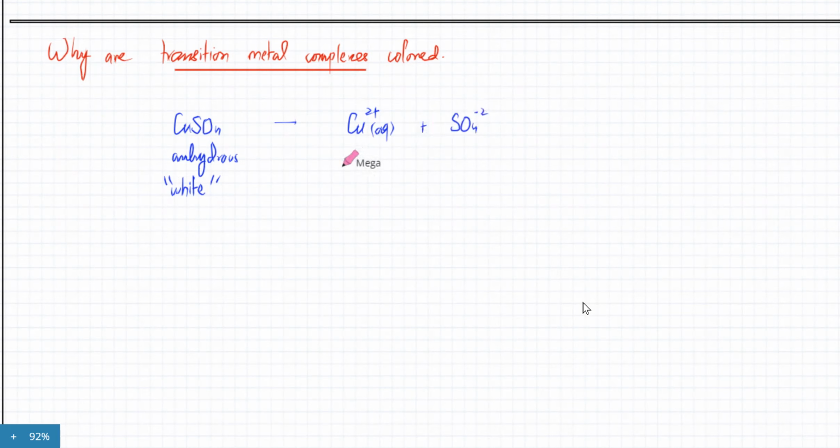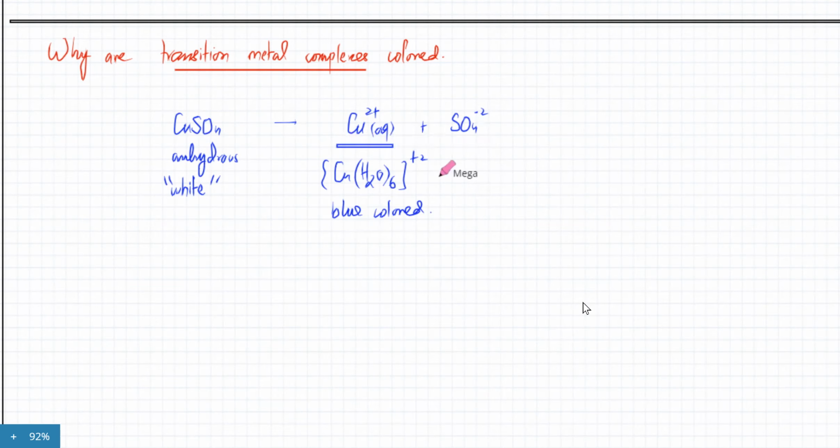Then copper with 6 water molecules is the thing that's actually colored. That is the one that's blue in color. So most of the time it's the complex that's colored. It's not the compound that's colored, but the complex, when it binds with ligands, that's going to be colored. So the question is, why are they colored?